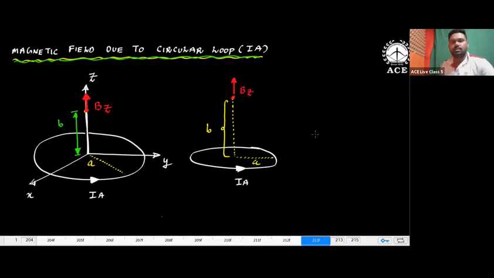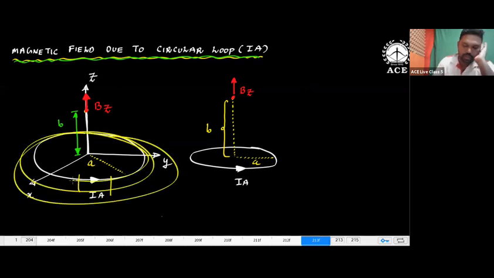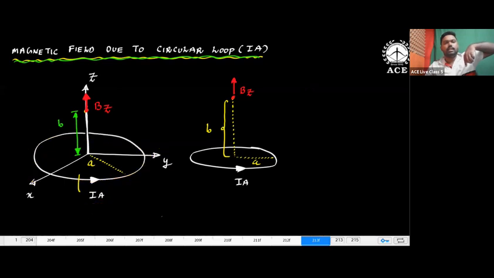Here is BZ. Clear? Yes, that is how the scenario is. I'm not going to do any derivation here. But the idea here is, first you need to find out the B. How do you find out the B? You need to find out the magnetic field due to a small piece of current element, and later you need to perform integration from 0 to 2 pi. That is the technique here.